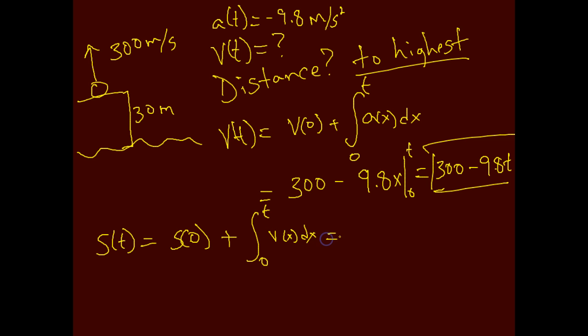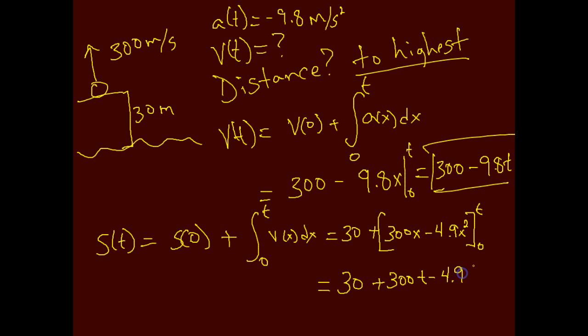So in this case, it's going to equal 30 plus the integral of 300 minus 9.8x, which gives us 300x minus 4.9x squared, evaluated from 0 to t, which gives us a position function of 30 plus 300t minus 4.9t squared. So this is our position function.